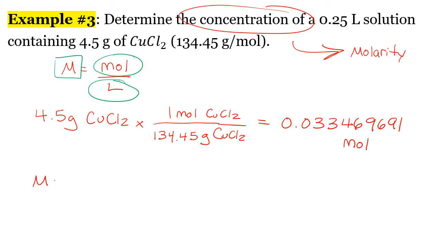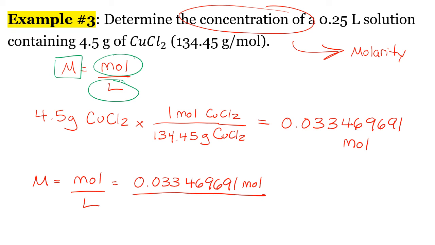So again, molarity is equal to moles over liters. And the number of moles that we have are 0.033469691 moles. And our volume in liters is 0.25. So we will get 0.1338.